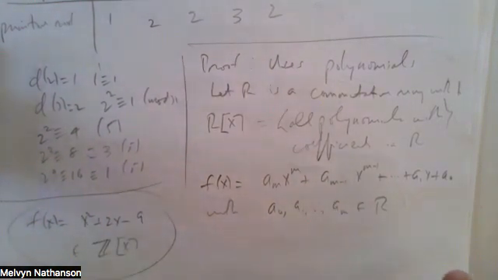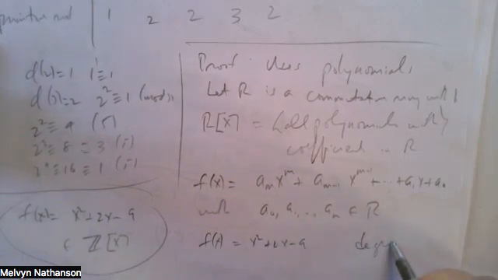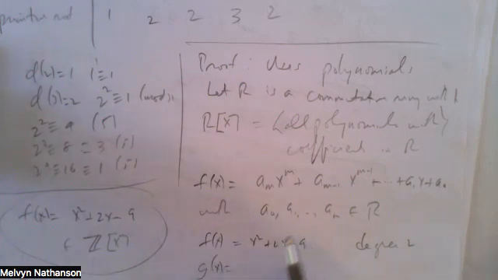These are just your ordinary polynomials, the simplest functions you ever saw in calculus. And we want to define the degree of the polynomial. You have to be a little bit more careful than you might think. Suppose you have the polynomial f of x equals x squared plus 2x minus 9. We want to say this has degree 2. Suppose you had a different polynomial.